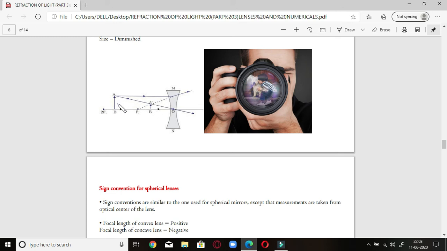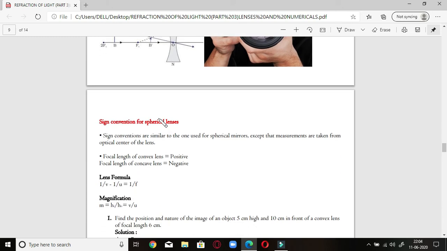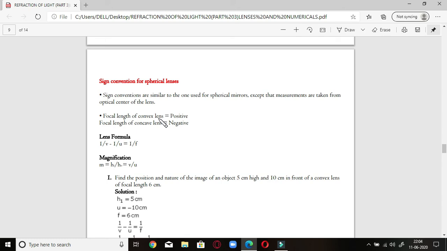Okay, so always keep in mind the sign convention while you are making them. Because of the divergence property, every type of image is formed on the left hand side. That is why focus is negative in the case of the concave lens. Now let us see the sign convention for spherical lenses.